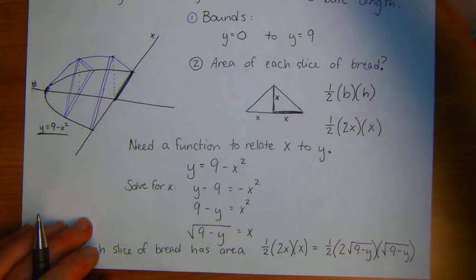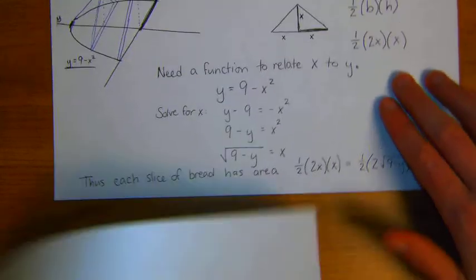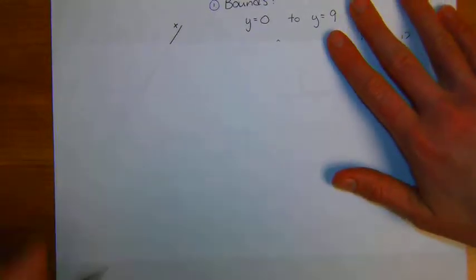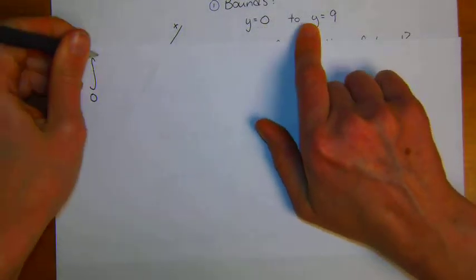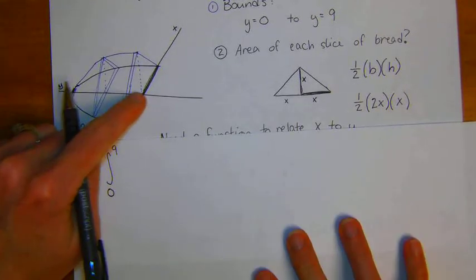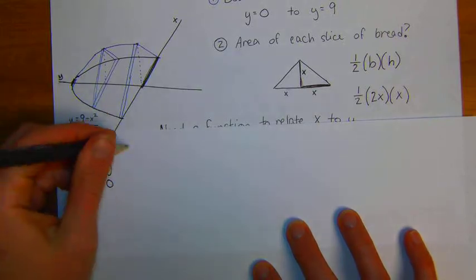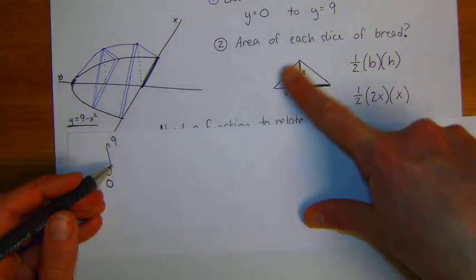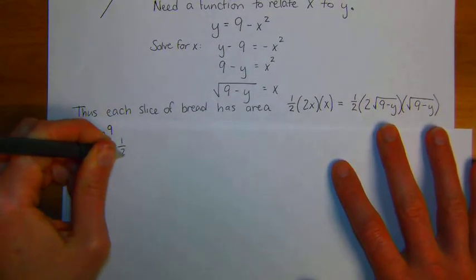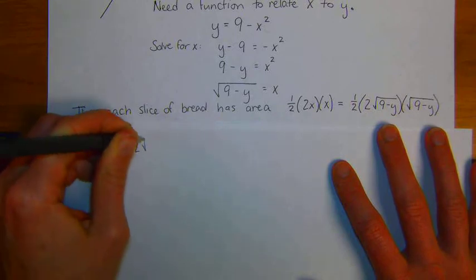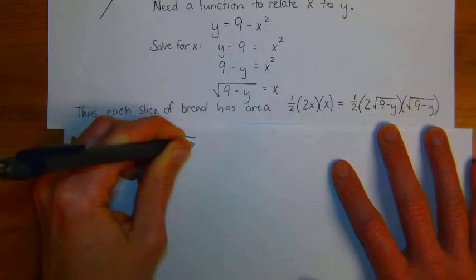Thankfully, this ends up being a rather straightforward integration problem now. So let's set up our integral. I'm going to add up, where does my bread start? It starts at y equals 0 and it ends at y equals 9, because that's the base of the footprint of this tent. And I know that the area of each slice of bread is going to be the area of each of these triangles, and we found that to be 1/2 of 2 times the square root of 9 minus y times the square root of 9 minus y.